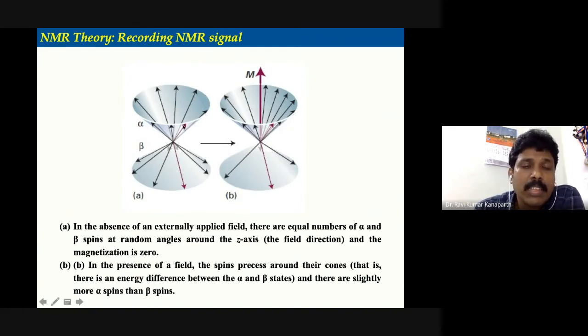This is another representation of the alpha spins and beta spins in the vector model. Most of the nuclei, the alpha spins, occupy the upper cone, pointing mostly towards the applied field, whereas the beta spins are pointing in the downward direction, opposing the applied magnetic field.